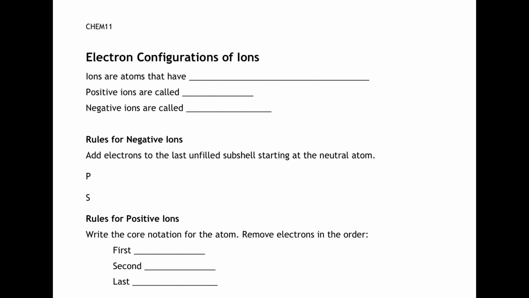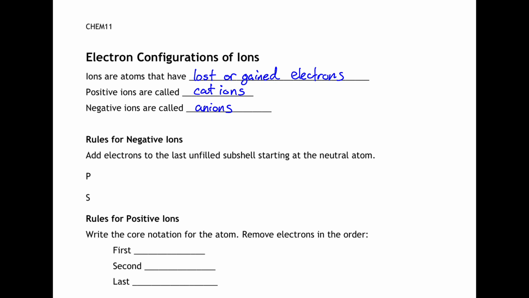So quick recap, an ion is an atom that has gained, or to do it the right way, lost or gained, because I think that's better grammar, electrons. We remember from the last one, positives are called cations, and negatives are anions.